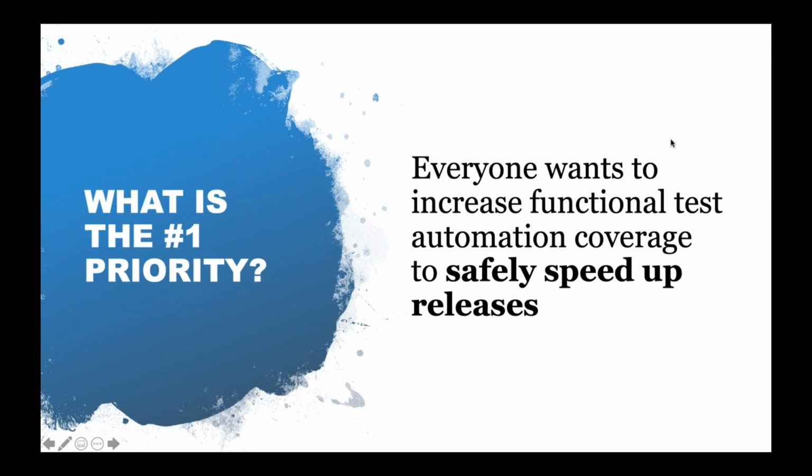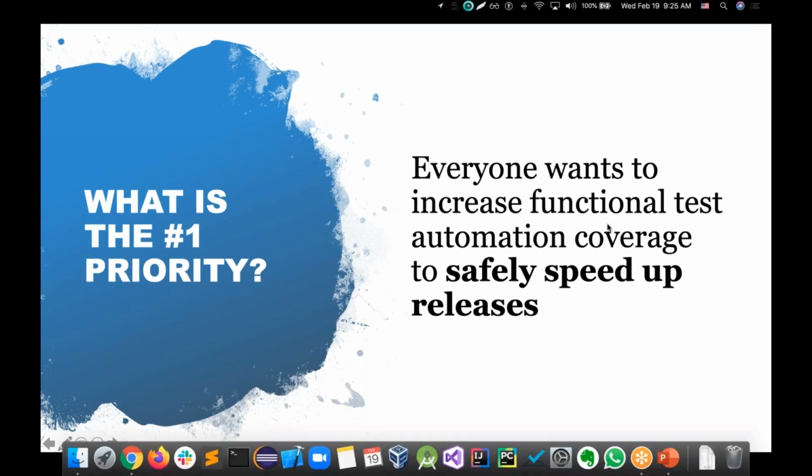Now, the pressure that we have today on companies of all sizes is to release faster. We have to do that to keep up with our customers' needs, and because our competitors are doing that, and we want to release new cool features to our users constantly.